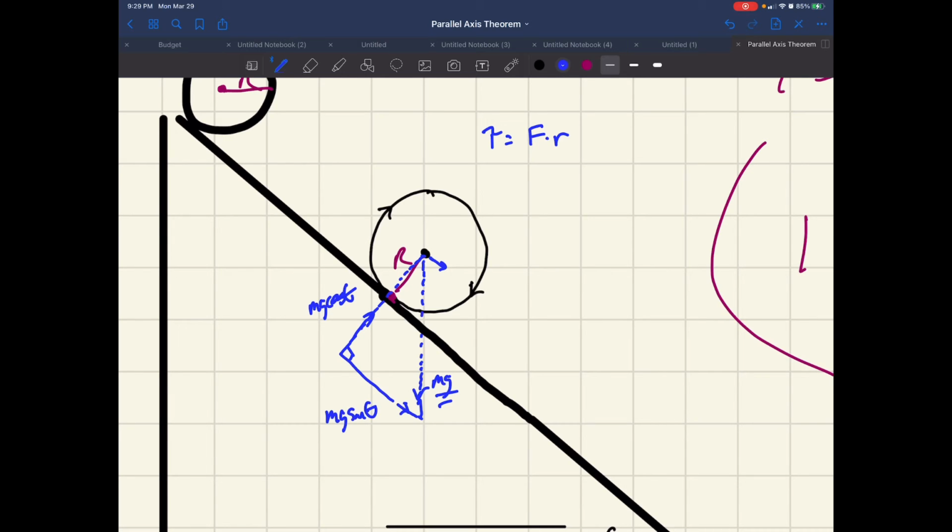What we've got to figure out is what is the force causing the rotation, and this is, again, not obvious. Turns out, if you think about it, it is the frictional force here that causes the rotation. If there's no friction, then this thing simply translates or slides down the ramp without rotating. So it is the frictional force that causes the rotation.